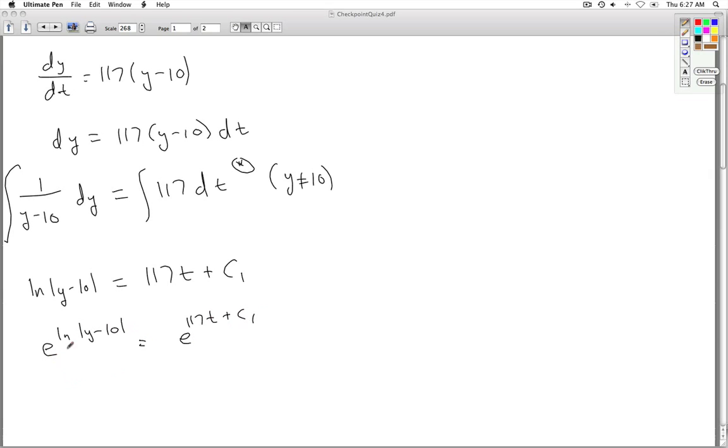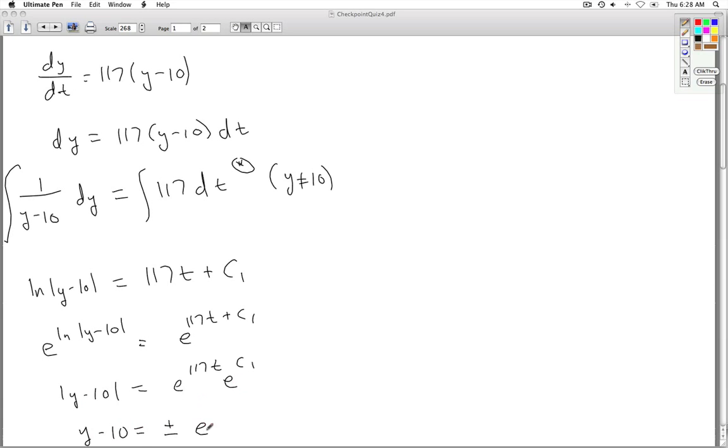And the e and the natural log undo each other because they're inverse functions. And then on the right-hand side I can play some arbitrary constant games here. I can rewrite this exponent as this. I can drop the absolute values by paying the price of a plus or minus.